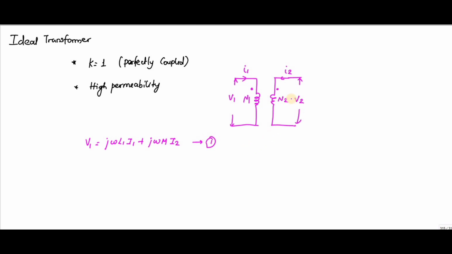Since here also current is entering, and here also current is entering, I can write V1 is equal to plus j omega M into I2. Similarly, I can write V2 is equal to j omega L2 I2 plus j omega M into I1. So this is your second equation.